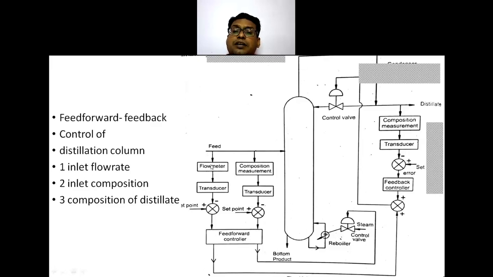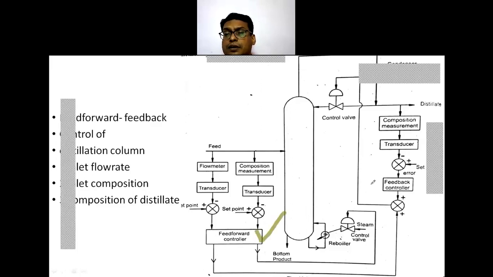So both the measurements are done, that is your flow measurement and the composition measurement, which are going to receive certain set points, and that is going to give it to the feedback controller. So two controllers are there in this case, one related to the feed forward and one feedback.